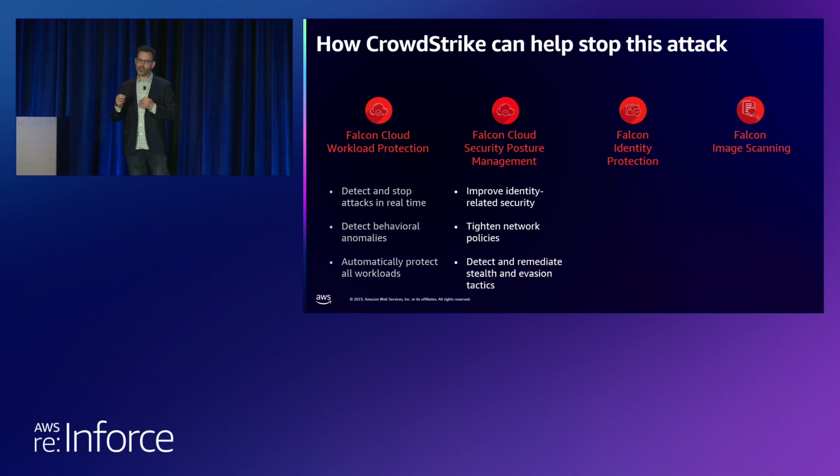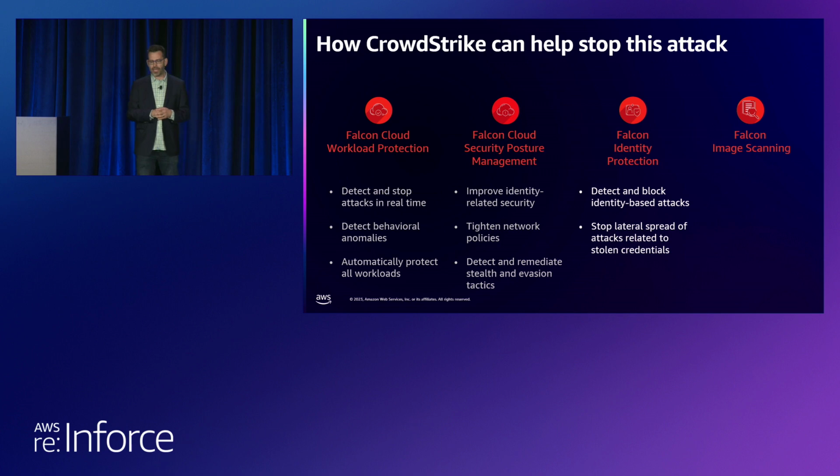So we ingest that stream, and we're looking for behavioral anomalies that are correlated with sensor telemetry and really everything that we can see in your environment. All that data is correlated to see if any particular indicator of attack that we see is an actual attack in progress. And gives you guidance to tighten your network policies.